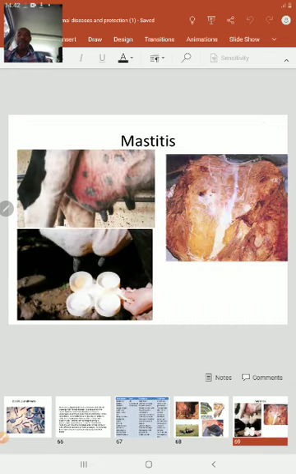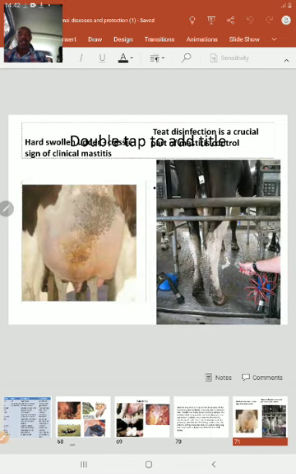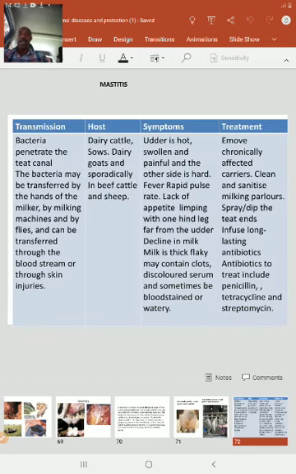Mastitis, it only affects dairy cows, those with udders. It's a bacterial disease. It's just chronic. It's not very fatal. The udder becomes hard and swollen, so it's caused by a bacteria that is transferred by the hands of the milker, and the hosts are the dairy cows and all the animals with an udder.